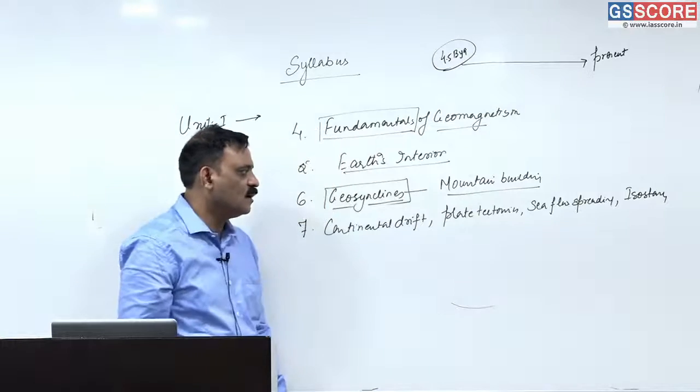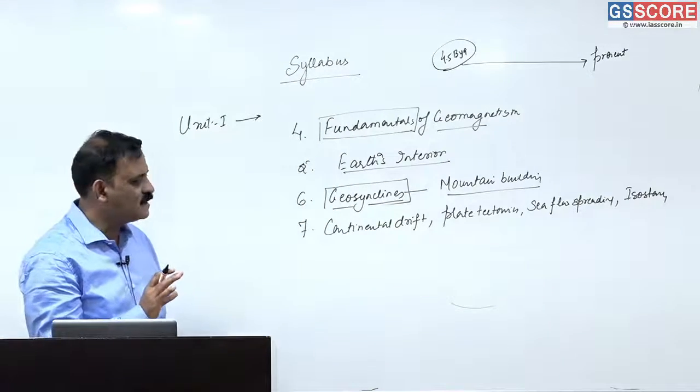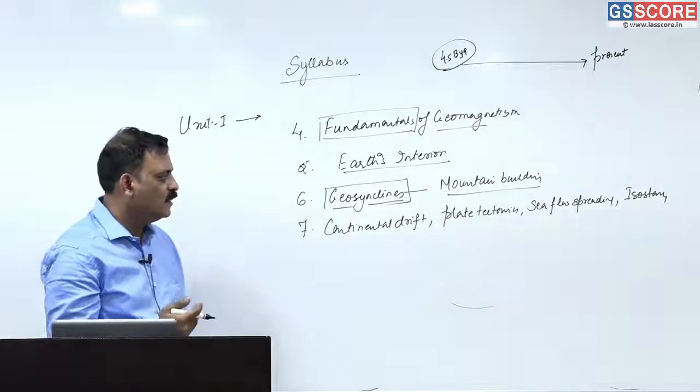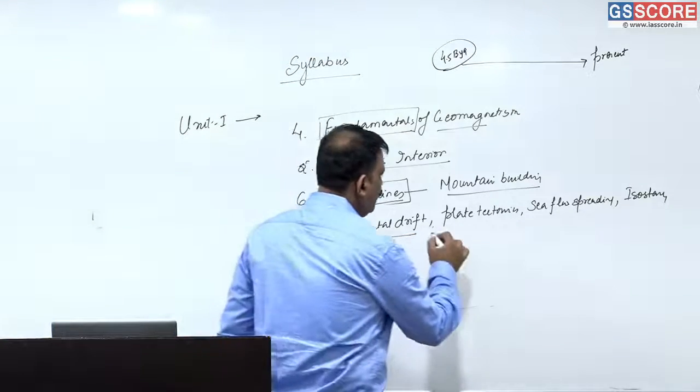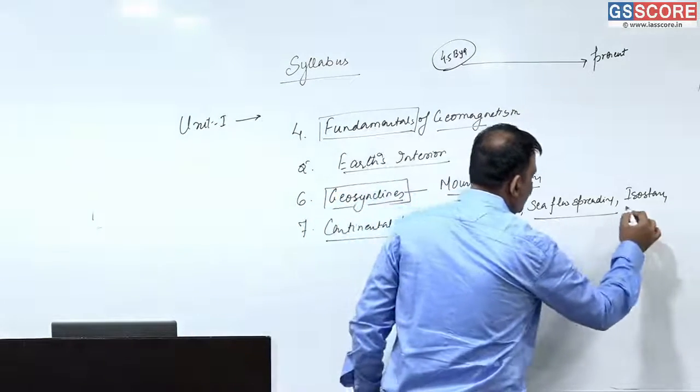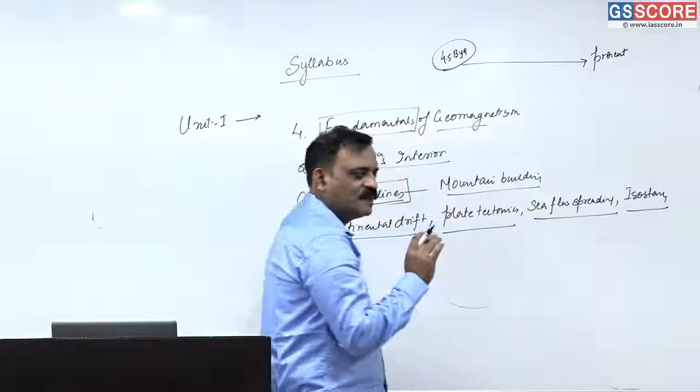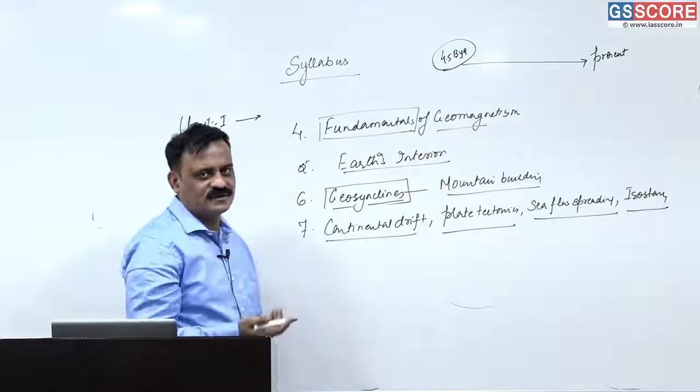Okay, these are the 4 important theories, and I must tell you that continental drift theory, plate tectonics, sea floor spreading and isostasy, all these concepts we study in your general studies also.